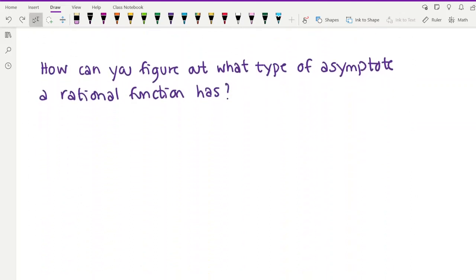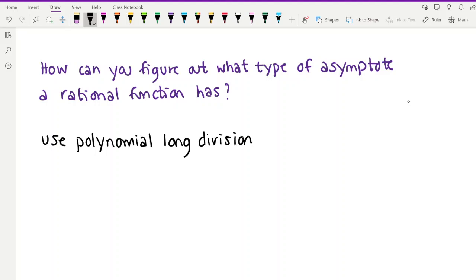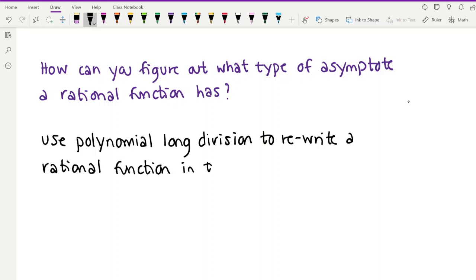So we're going to use polynomial long division to rewrite a rational function in the form f of x is equal to q of x plus r of x over d of x.